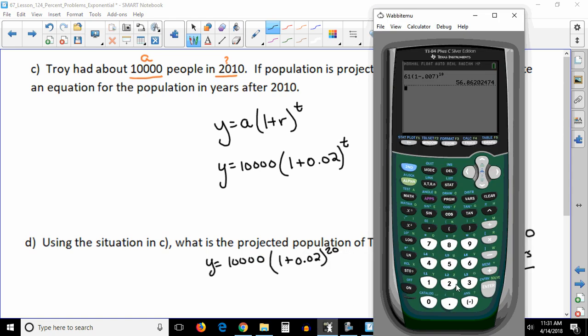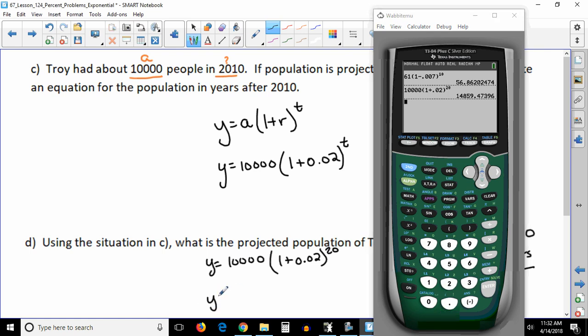I will type this one into your calculator. So 10,000 parentheses 1 plus 0.02 raised to the 20th power. And everybody wants to know how far should you round. This problem has no decimals, and it doesn't have decimals because people can't be decimals. Can't have a half a person or 0.47 of a person. So you round accordingly.